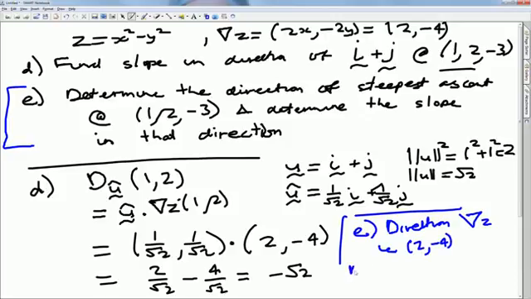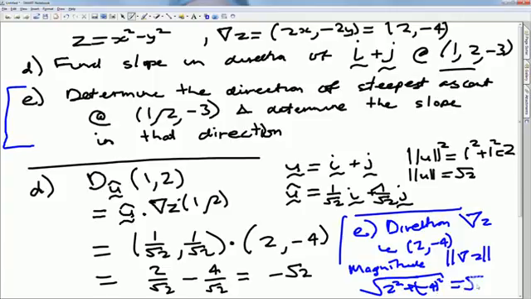And the actual value of the slope itself is the length of the gradient vector, which in this case is the square root of the first component squared plus the second component squared. So 2 squared is 4, 4 squared is 16, so the square root of 20.